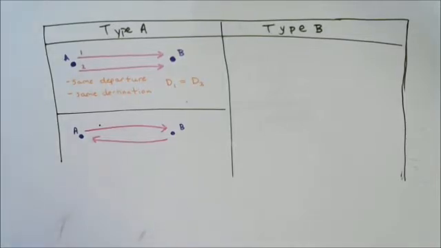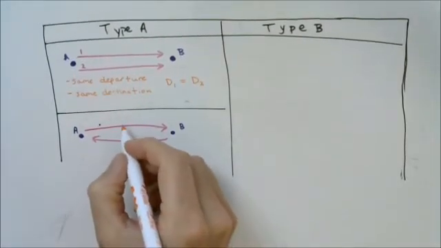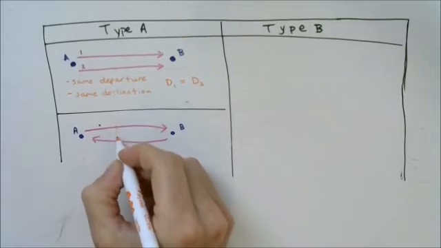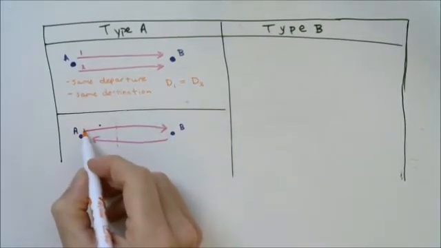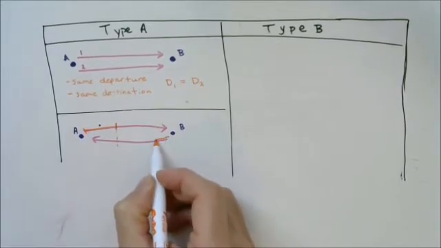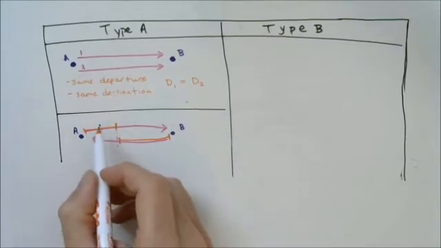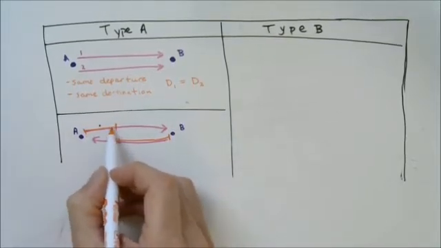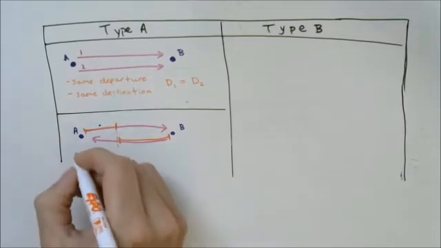And then sometimes we actually do this problem. We say, okay, well, when are they going to pass each other? Well, let's say, hypothetically, that it ends up being here. And A only travels this far before they pass, and B travels this far before they pass. Well, then look at this. The part that A travels and the part that B travels adds up to the total distance. Okay? So what do we know?